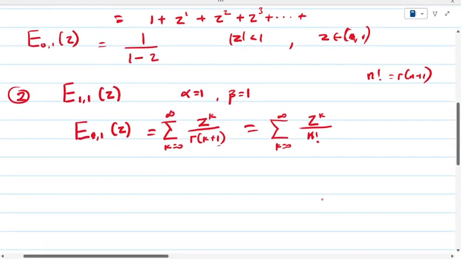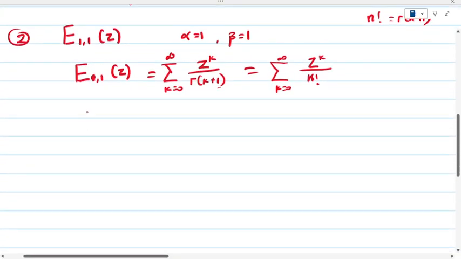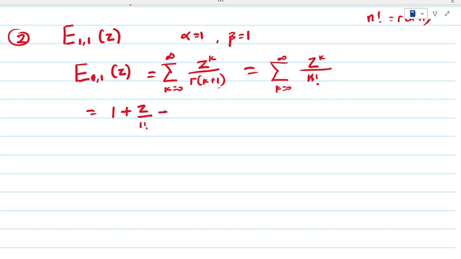Now at k equals 0, we have z to the power 0 over 0 factorial, which gives us 1. At k equals 1, we have z to the power 1 over 1 factorial.